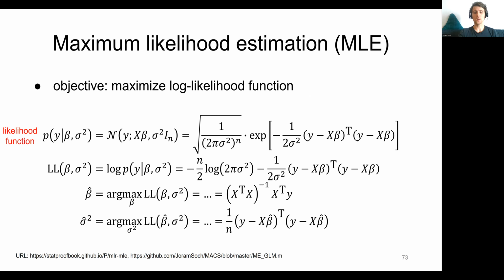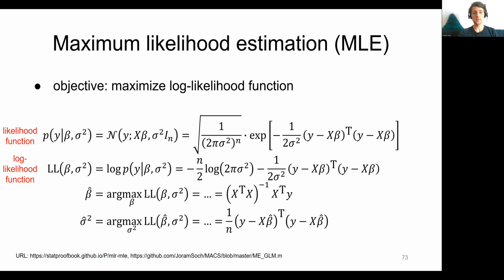And the log likelihood function is simply the natural logarithm of this. If we then maximize the log likelihood function with respect to the model parameters beta, so the regression coefficients, and sigma square, so the noise variance, we obtain maximum likelihood estimates.